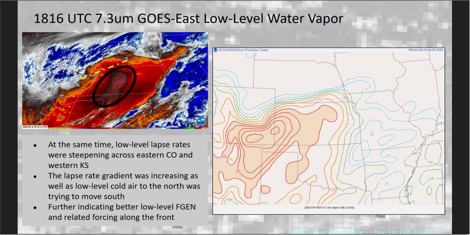So we're starting to see maybe some hints that low-level forcing will be a little bit more evident. And in the satellite picture in the upper left here, I have a little dashed yellow line that indicates where that convective initiation might be starting out on the northern and western fringe of the EML.